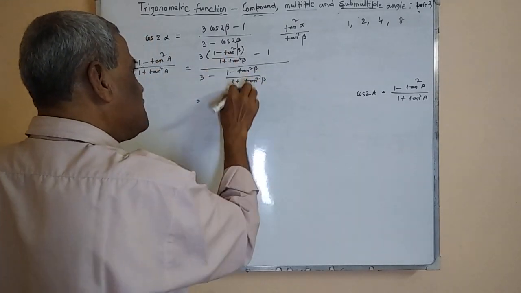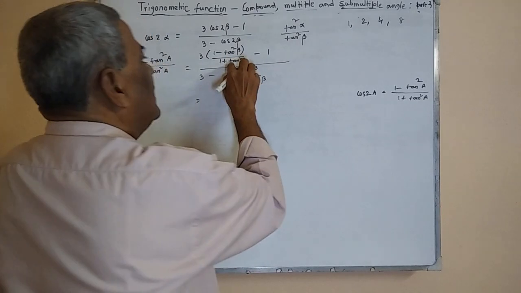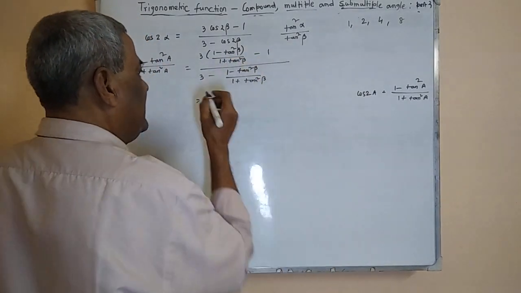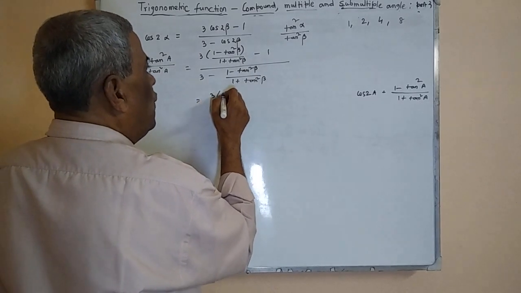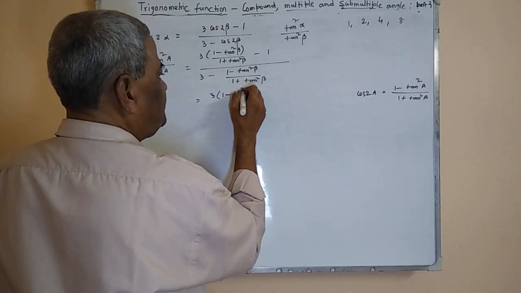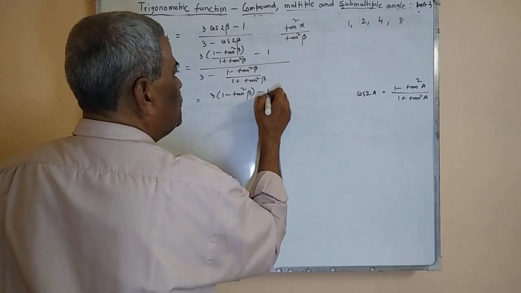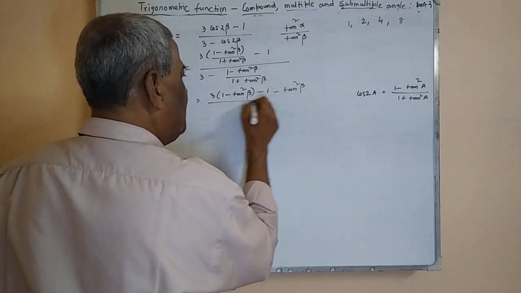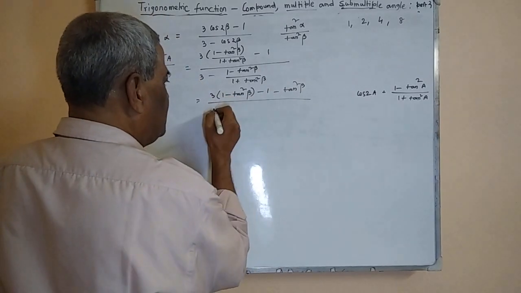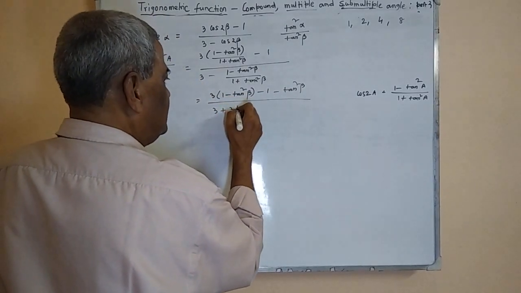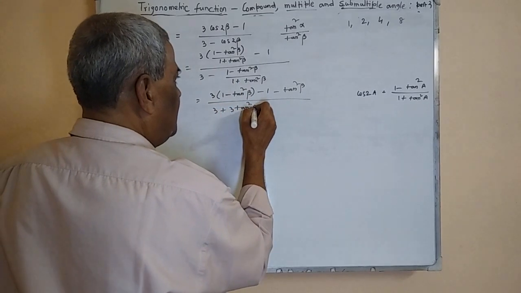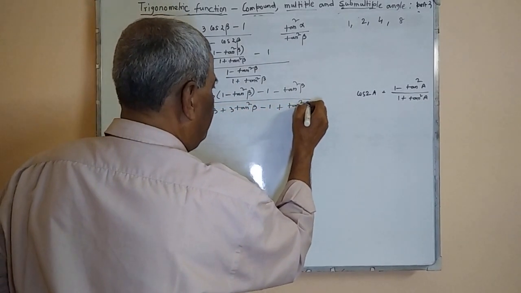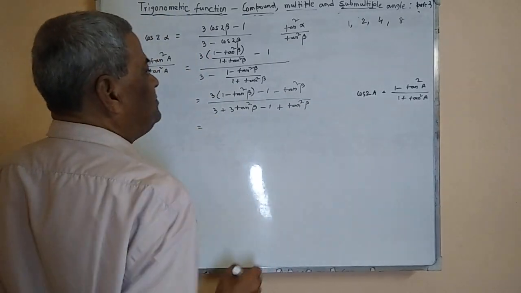I simplify this first. The LCM of numerator and denominator will be cancelled.